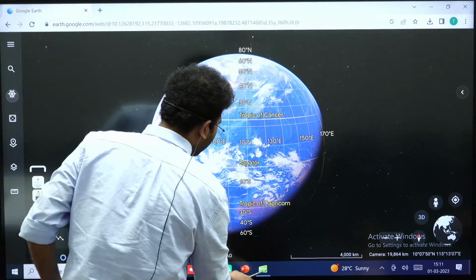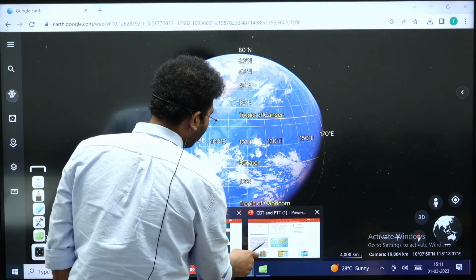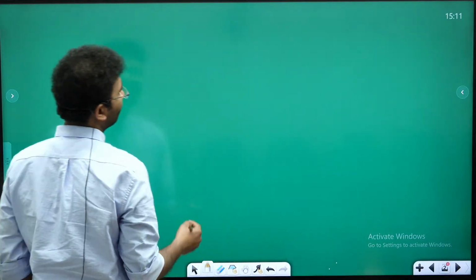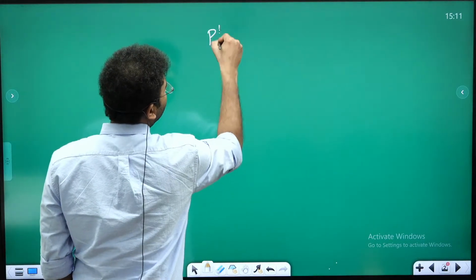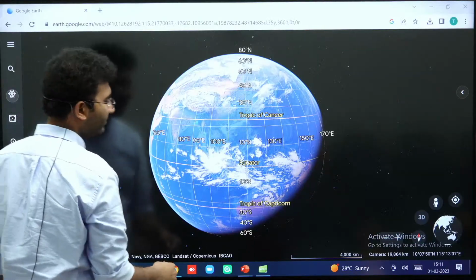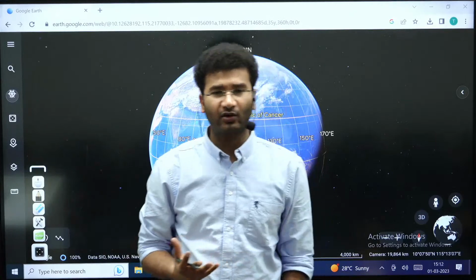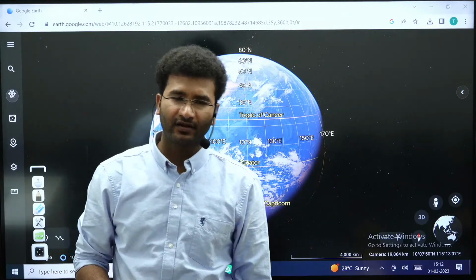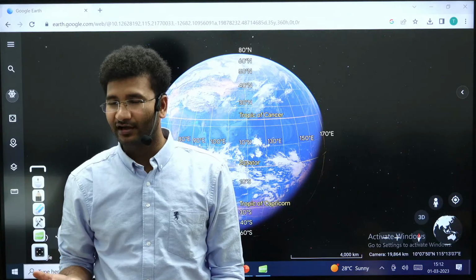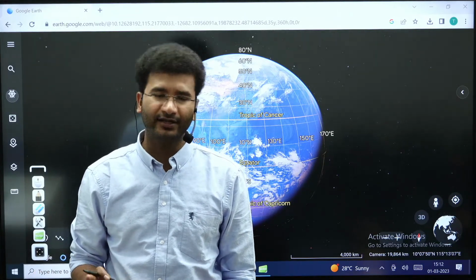So today we'll be learning about the different types of plates and about the interactions of plates. You know that the earth is composed of various plates, and these plates can be continental in nature and those plates also can be oceanic in nature. Continental plates are majorly dominated by continents and oceanic plates are majorly dominated by oceans.